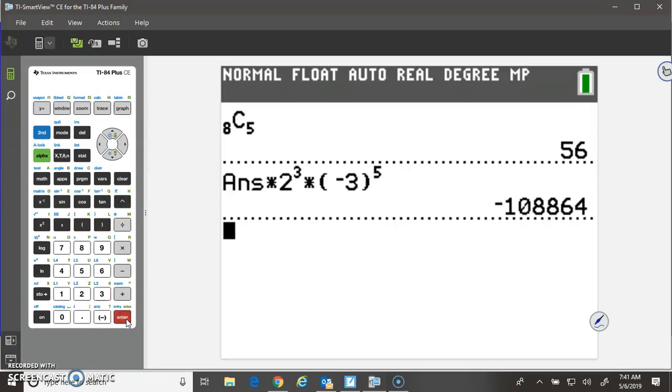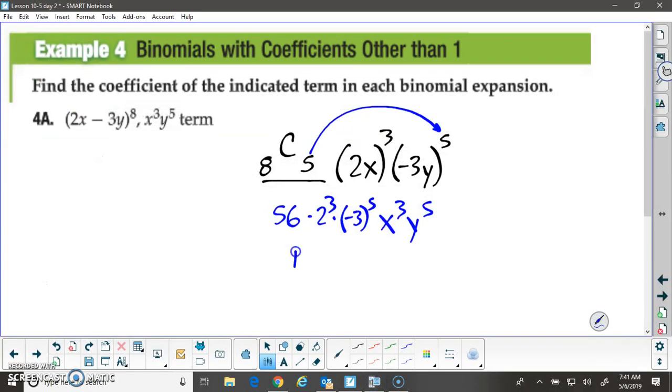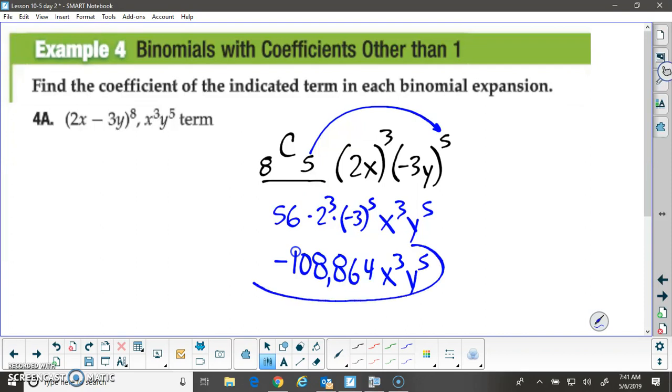And that gives us 108,864. Hopefully you notice that this is going to need to be a negative because we're taking a negative 3 raised to an odd exponent. We need to have an x to the third, y to the fifth behind it, and that would represent my solution.